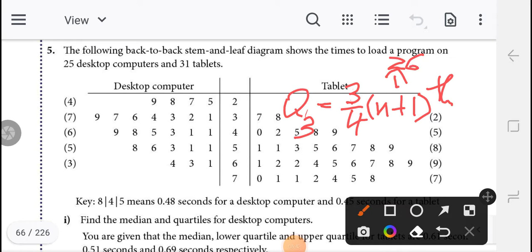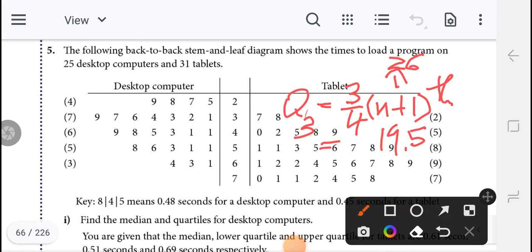The thing in the brackets is giving us 26. So 3/4 of 26 is 19.5. So we want a number that is in position 19.5.